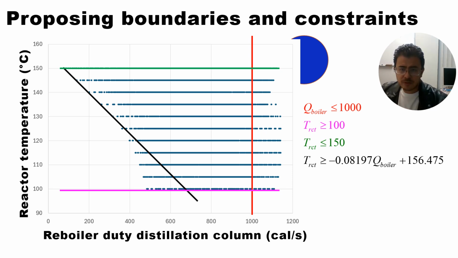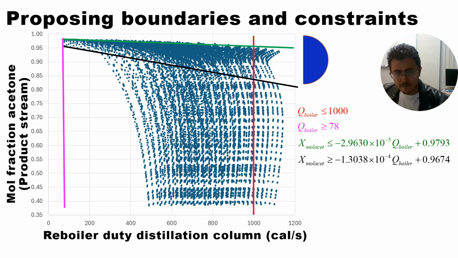The boiler duty, the limit for the temperature, and one relationship between boiler duty and temperature for a feasible solution. In this case, we can limit the feasible region only to the region that is important for us.